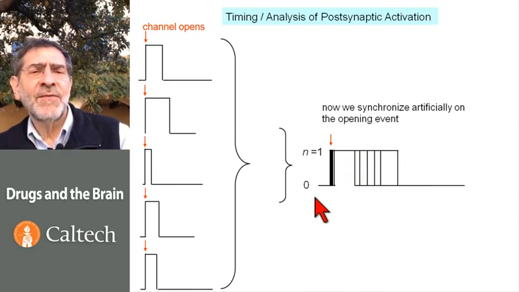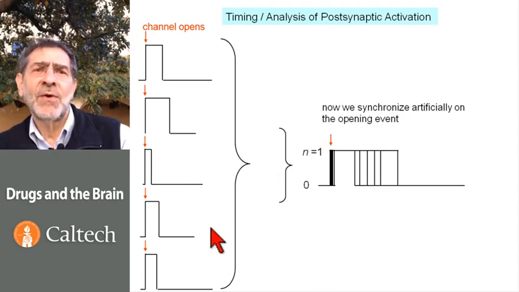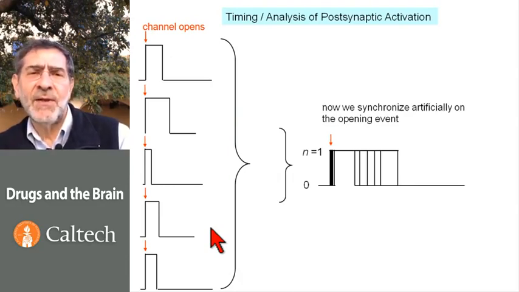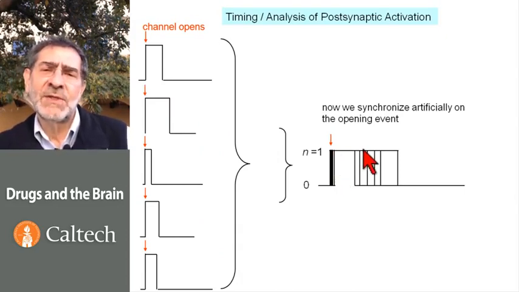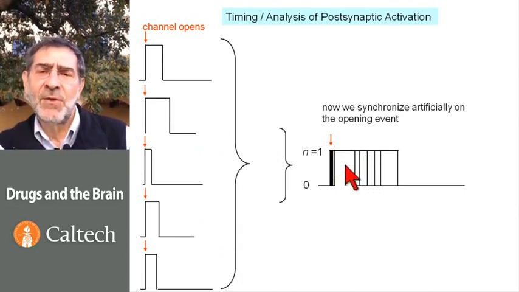The importance of this phenomenon is that although we did this recording by taking a single channel and recording it for several minutes at a time, during a synaptic event, actually, there are many channels in parallel in the membrane. The neurotransmitter hits them nearly all at once, and so we get a macroscopic recording, which seems to be the sum of these single channel openings.